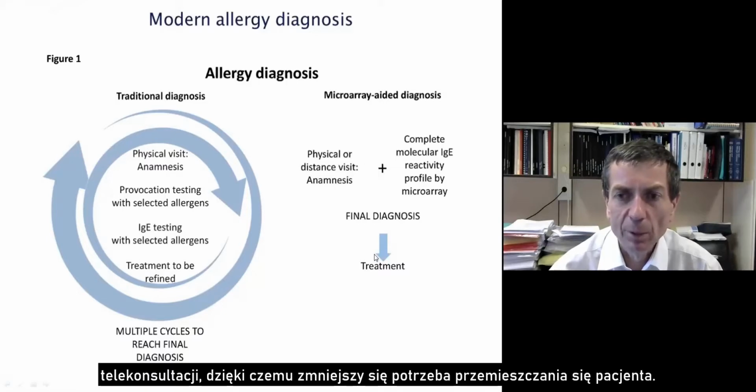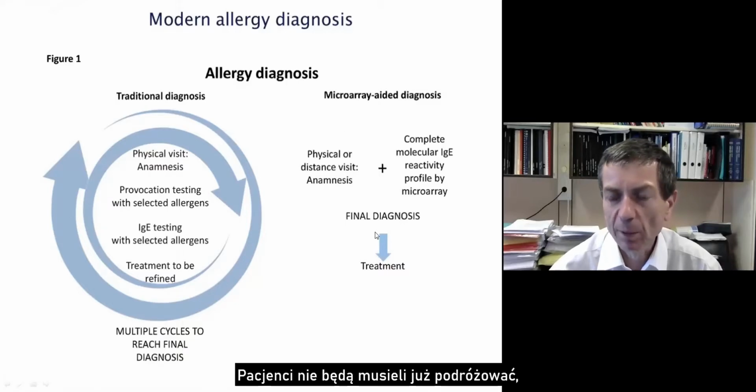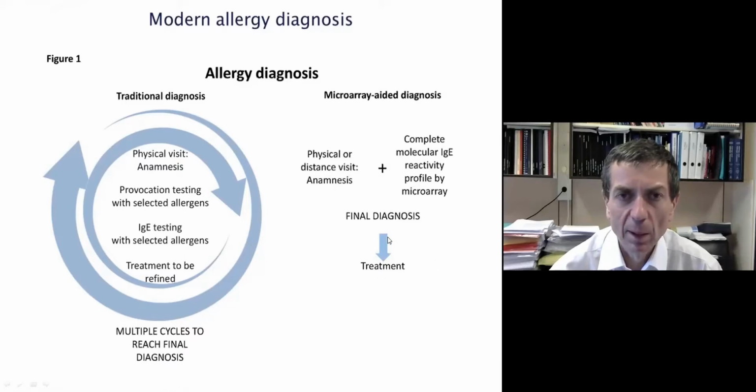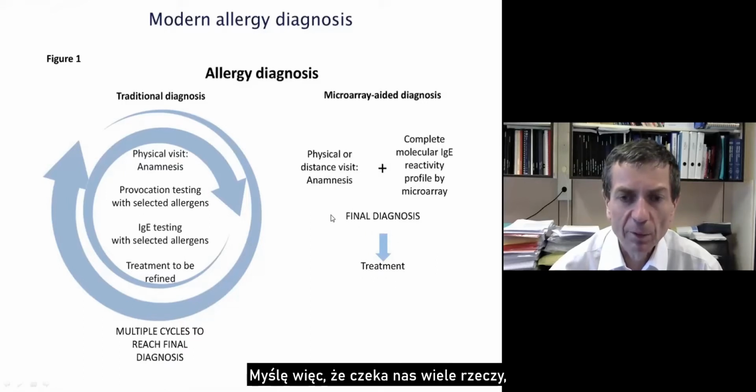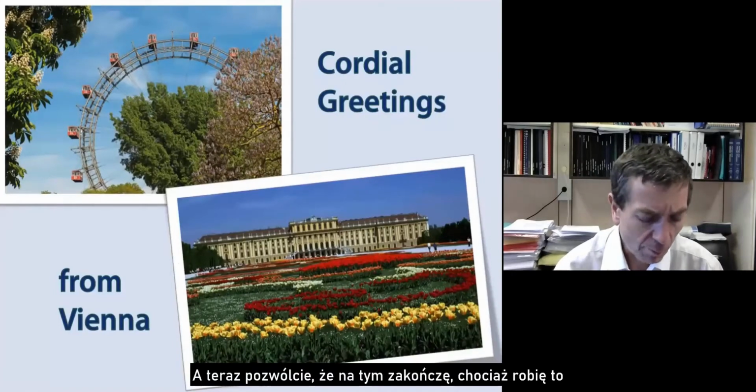So it will reduce the need for the mobility of the patient. Imagine you're in a big country. Patients do not need to travel anymore because the results are collected on the spot, and then they are sent to a specialist, and this one gives the diagnosis. So I think there are a lot of things coming that will improve the management of allergic diseases by improving the diagnosis.